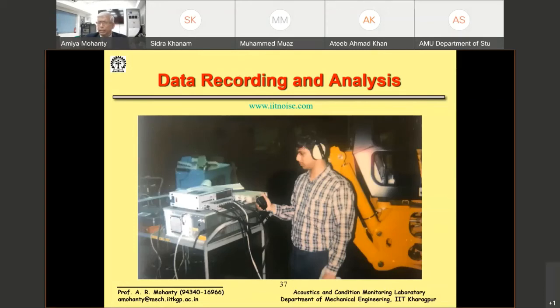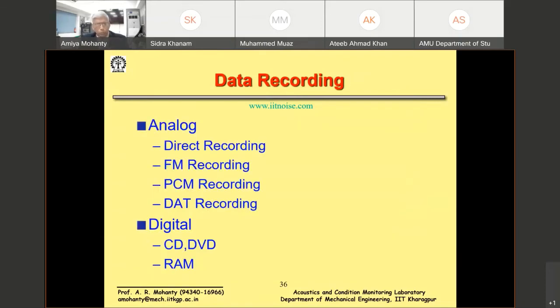Today you can do more analysis on your laptop or your iPhone compared to the analyzers of those days, because of the availability of fast processing chips, FPGAs, where you can do your own programming, etc. Now, coming back to my story of recording, today it is all digital, and another thing is this: how do you go from analog to digital?